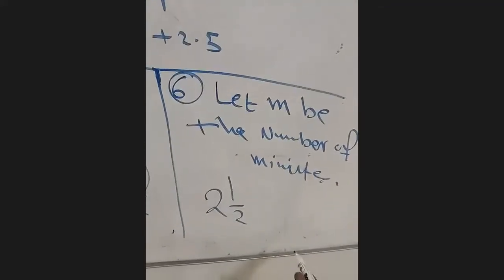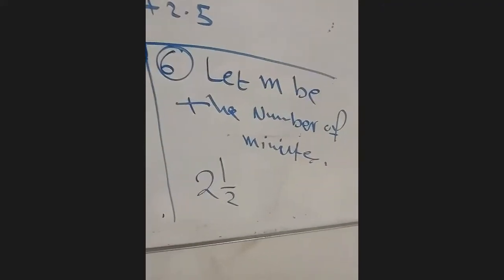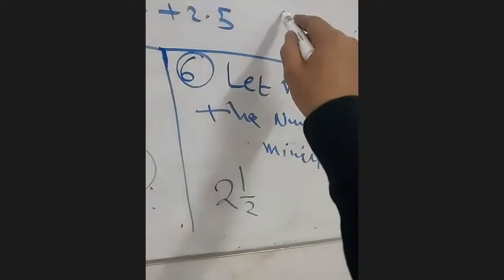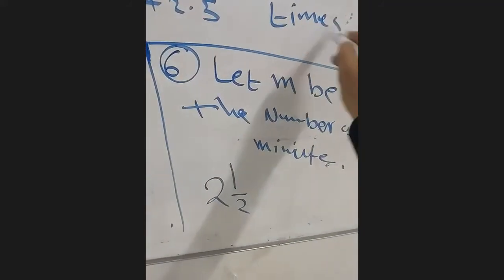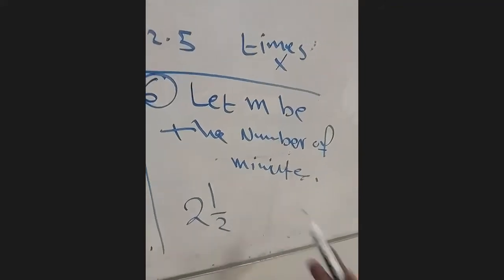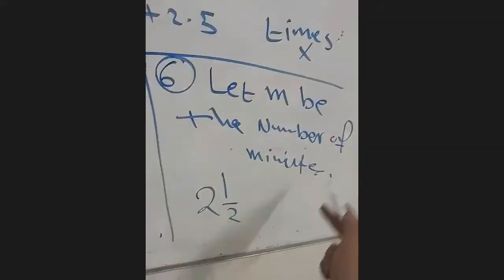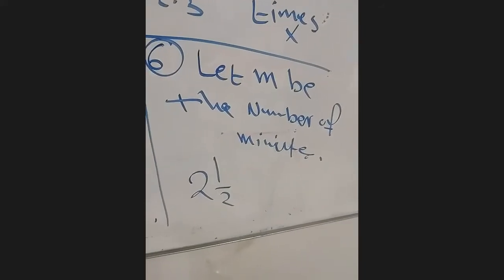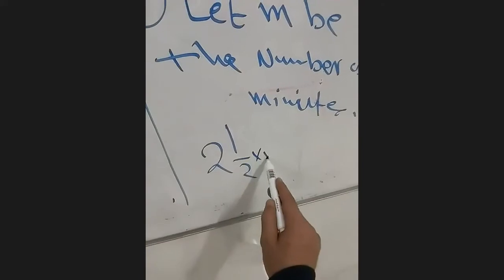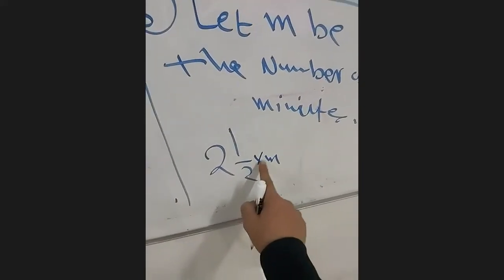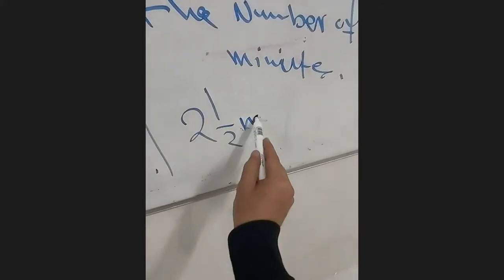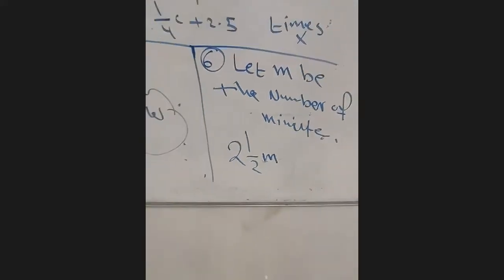What does times mean? It means multiply. So 2.5 times the number of minutes. What's the number of minutes? M. 2.5 times M. But we don't write the multiplication sign. So what will it be? 2.5M.